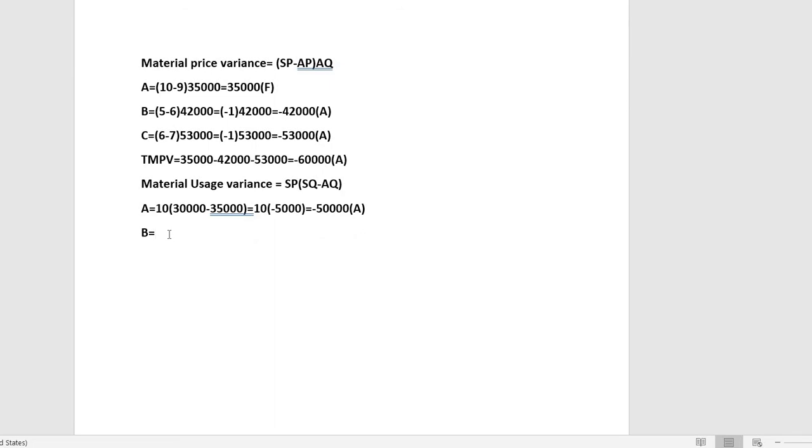For B, 5 into 40,000 standard quantity minus 42,000 actual quantity, that is minus 2,000. 5 into 2,000 is equal to minus 10,000, which is adverse variance.